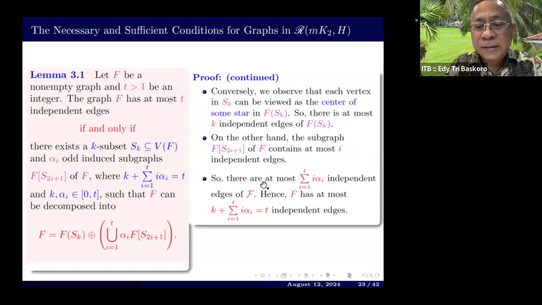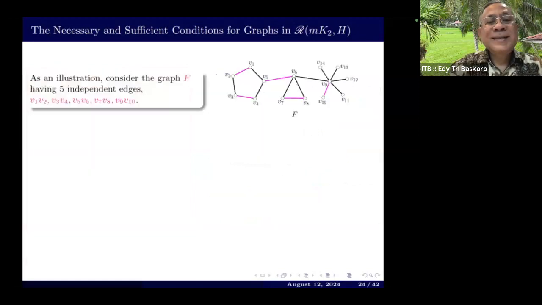Therefore, altogether, we will have T independent edges in F. So that's all the proof of Lemma 3.1. To illustrate, consider the graph F having 5 independent edges in pink colors, 1, 2, 3, 4, 5.